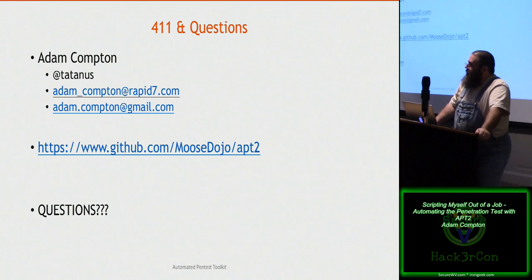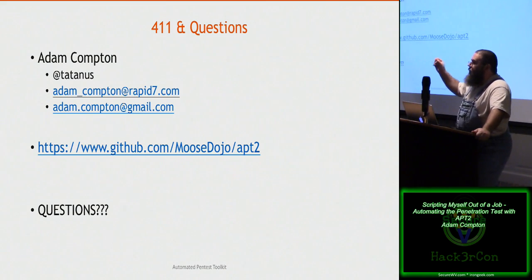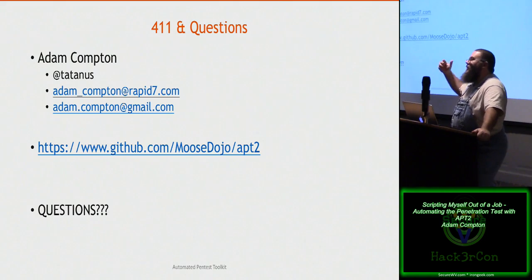Is there a way that you could set it up to do all the automated stuff, but not doing the auto interpreter sends to the system? If you want to disable interaction with interpreter, you just don't start MSG RPC within Metasploit.